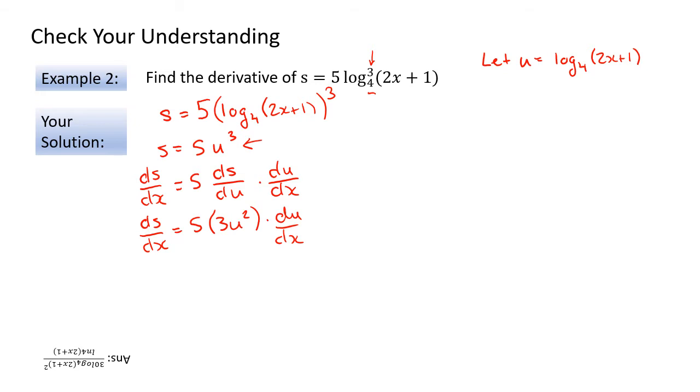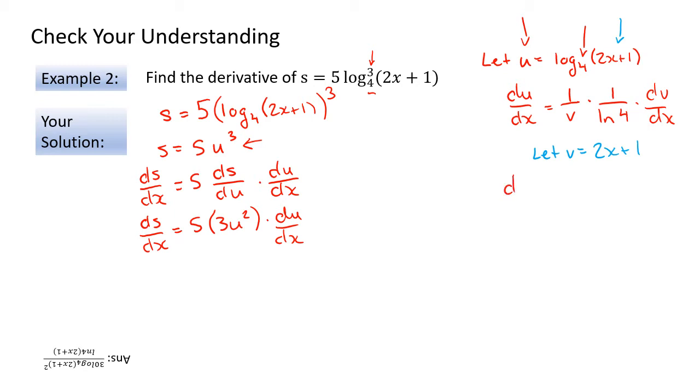To find du by dx, remember, it's 1 divided by u, or in this case I can call it v, times 1 over the ln of the base, which is 4, times dv by dx. I used v instead of u here just because we used u already. So v is whatever is in the brackets of the log function. We let v equal 2x plus 1.